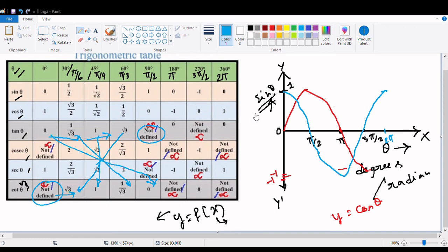Likewise, we see here this curve. This one is a cos curve and this one is the blue cot x curve. Both have value 0 at pi by 2.